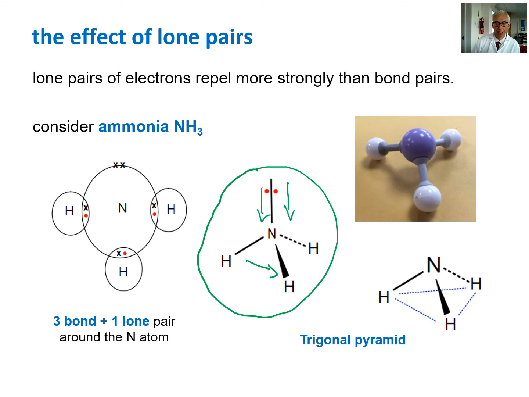So these bonds are squeezed together slightly, so the bond angle is not 109.5 as we might expect for methane, but is in fact 107. So the effect of the additional repulsion due to the lone pair is to squeeze the nitrogen-hydrogen bonds together slightly, reducing their bond angle to 107.